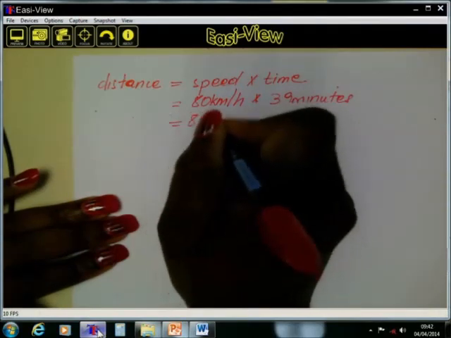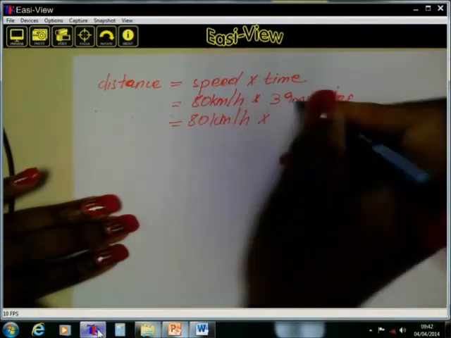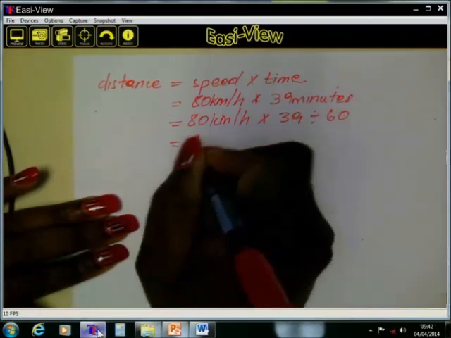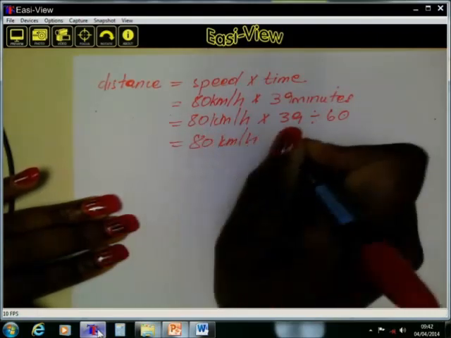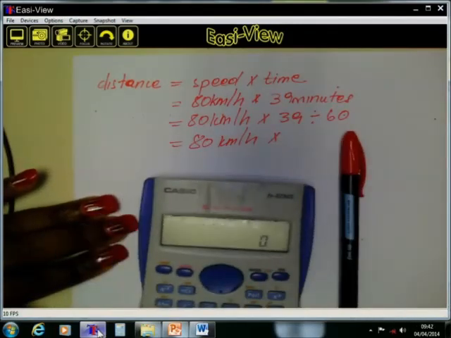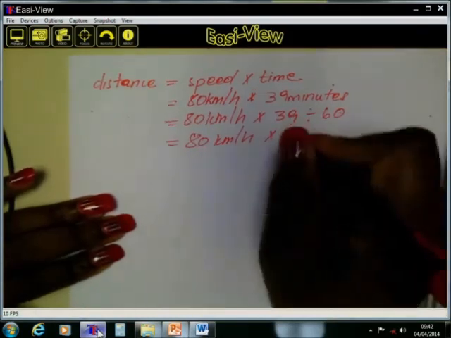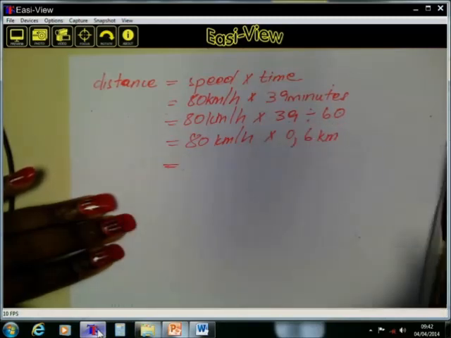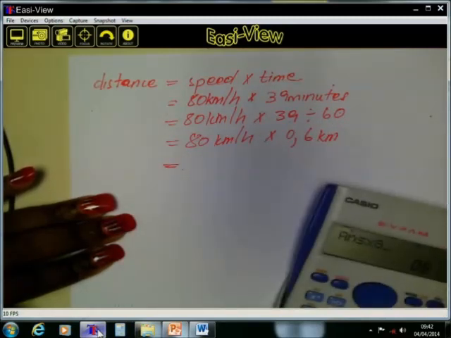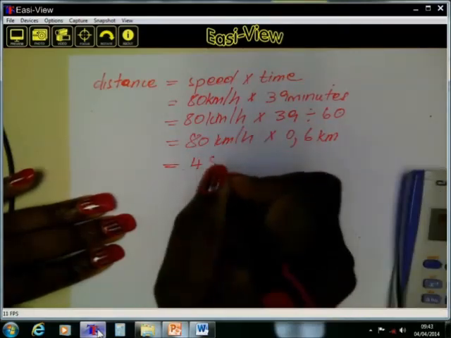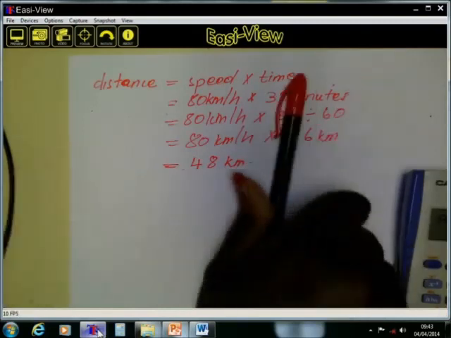So that 39 minutes, we convert it to hours. We divide it by 60. 39 divided by 60 gives us 0.65 hours multiplied by 80 gives us 52 kilometers.